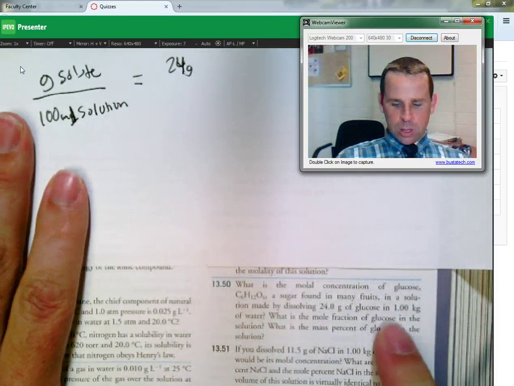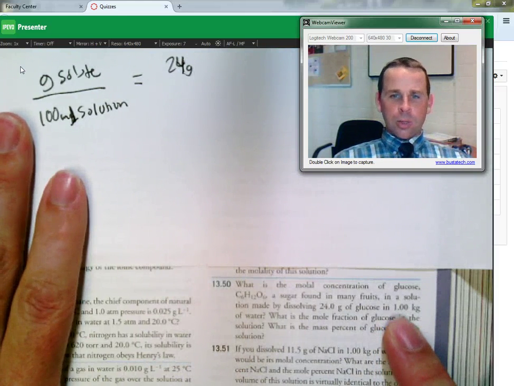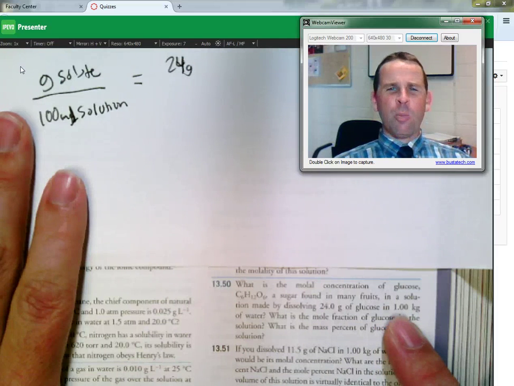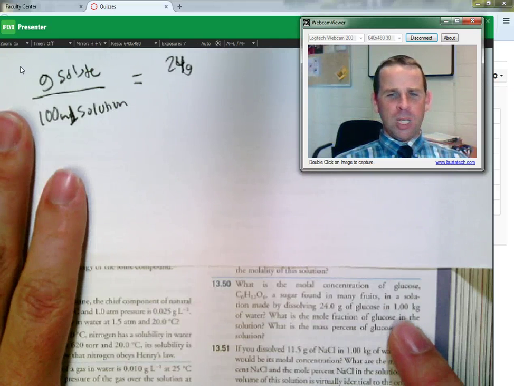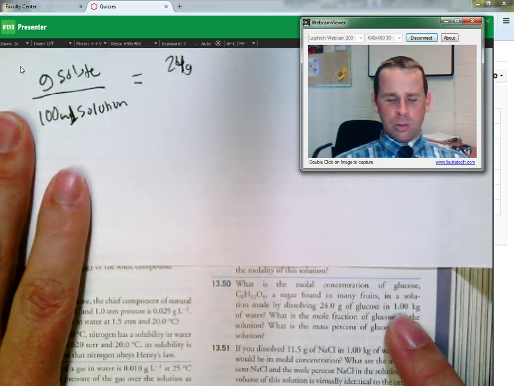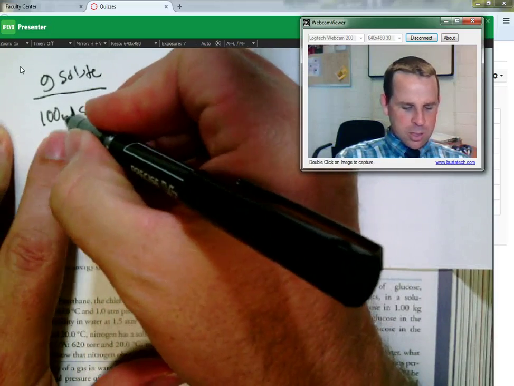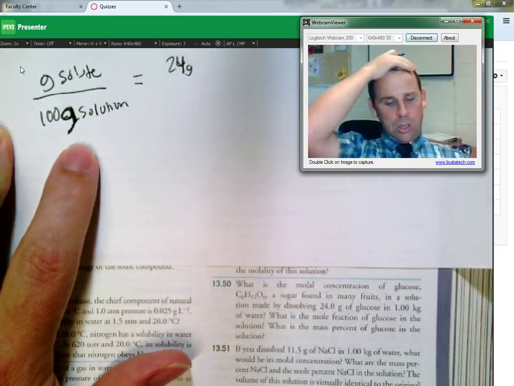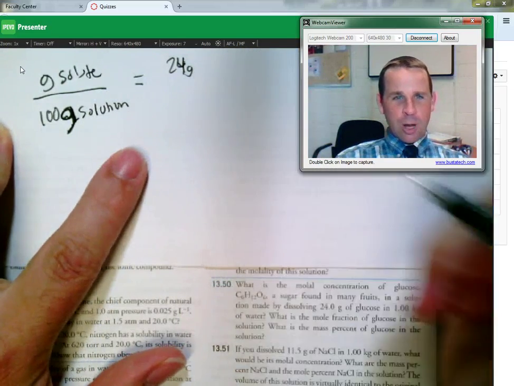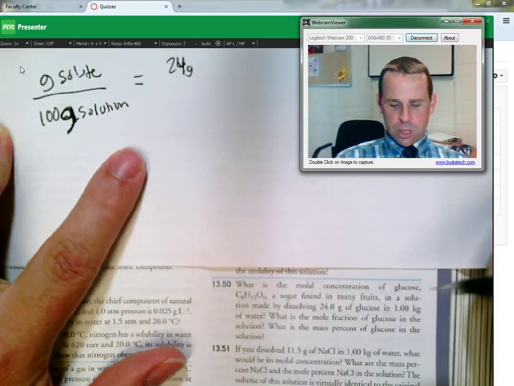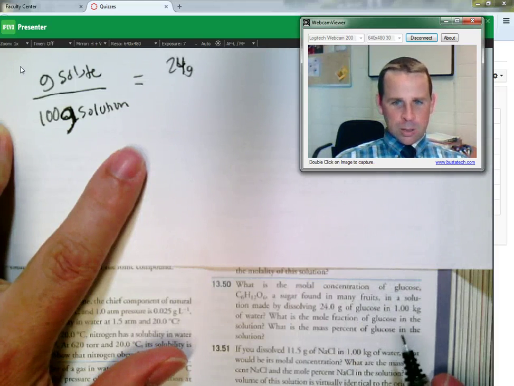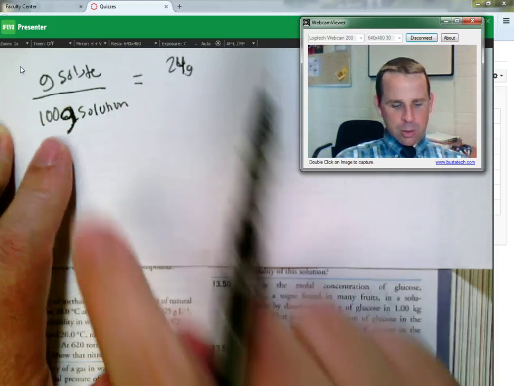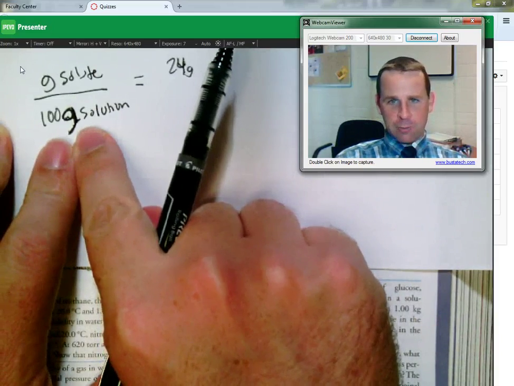for every 1 kilogram of water. So how many grams of solution would that be? So if I put 24 grams of glucose into 1 kilogram of water, how many grams of solution would I have?